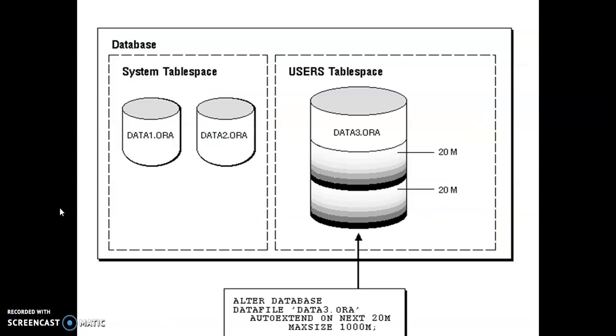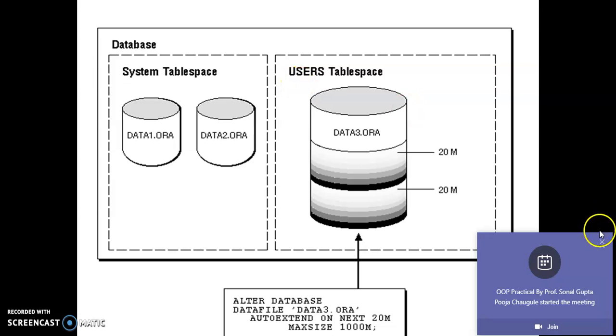As we have discussed, a tablespace is nothing but a logical area used in the Oracle database to store actual data. There are several tablespaces in an Oracle database. Some are system tablespaces and some are users tablespaces.